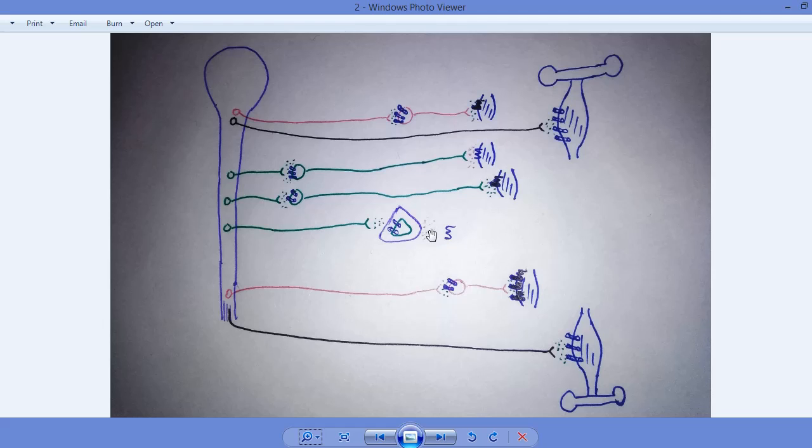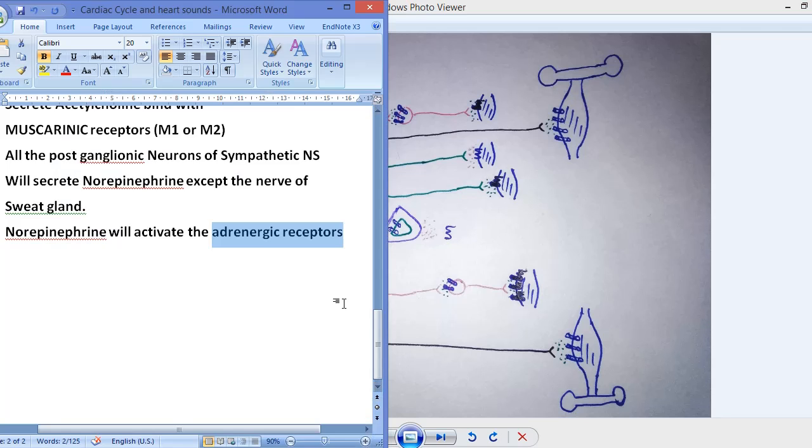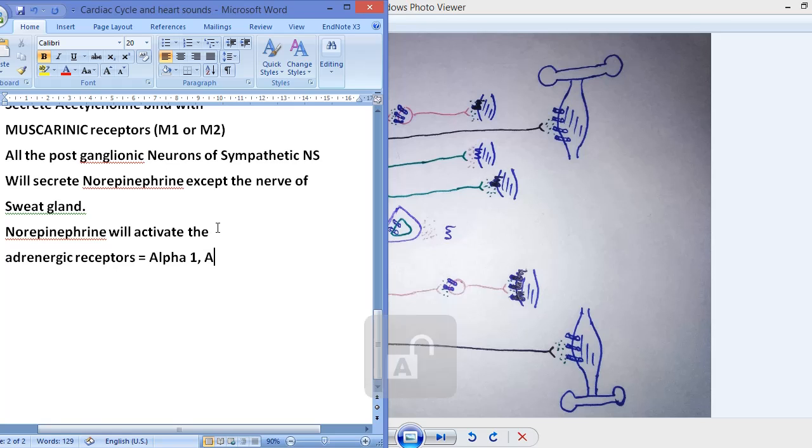But this norepinephrine and epinephrine travel in the blood and then combine with the receptor, which may be in the heart, which may be in the lungs, and these adrenergic receptors will be alpha 1, alpha 2, beta 1, beta 2, or beta 3.